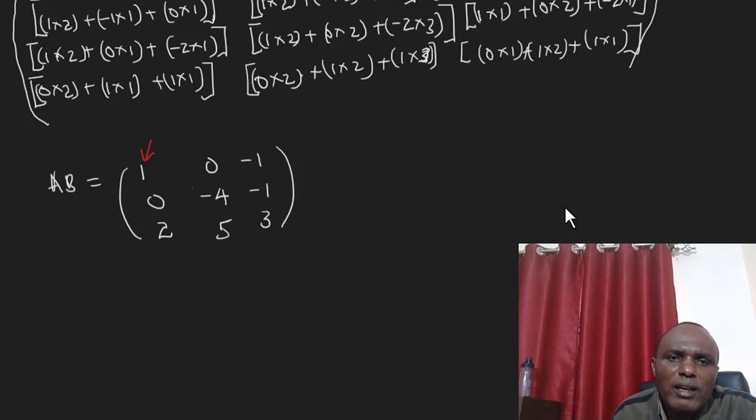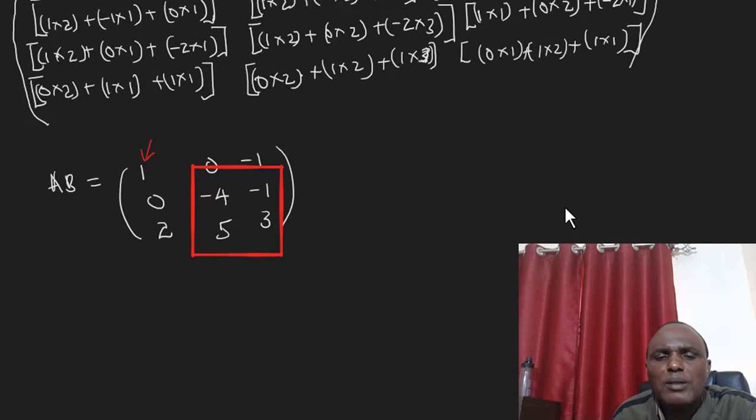The matrix left out is a matrix of 2 by 2. That is, you remove all the elements which are in the same row and the same column with that element 1 there. So we are left with the matrix of a 2 by 2. And when you get the determinant of that matrix of 2 by 2 and you place the sign, then you get the cofactor.